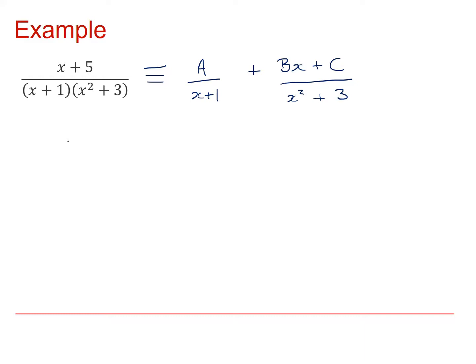Now, as before, we cross multiply by the common denominator, and that's going to give me this, a times x squared plus 3 here, and bx plus c times x plus 1 over here.